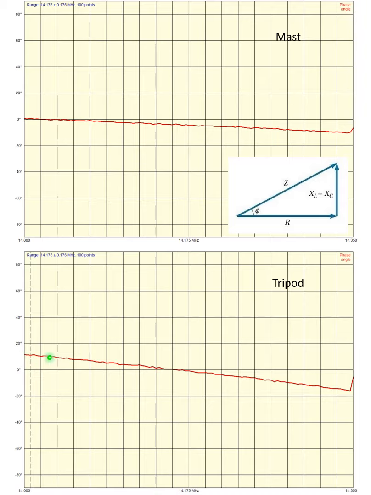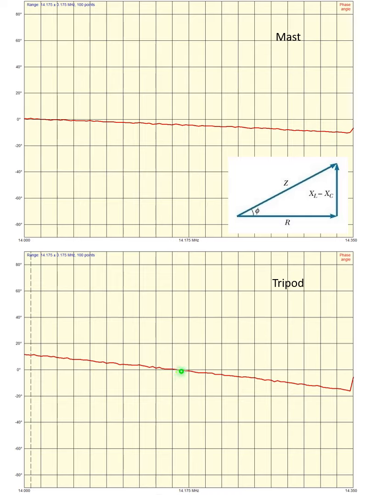As the frequency increases, the phase angle decreases. So this part of the triangle is getting shorter and shorter until we get to the point where the reactive component goes to 0, which is what this phase angle is telling us.